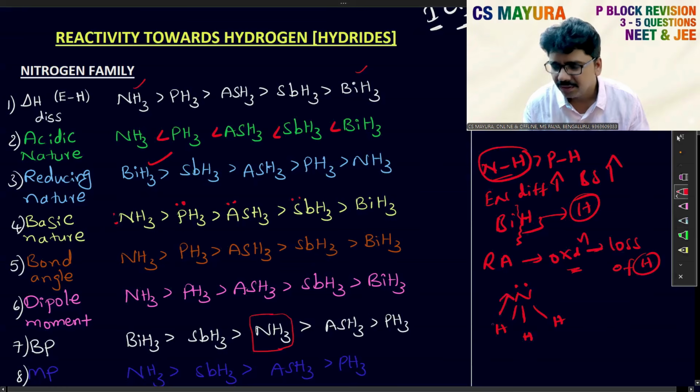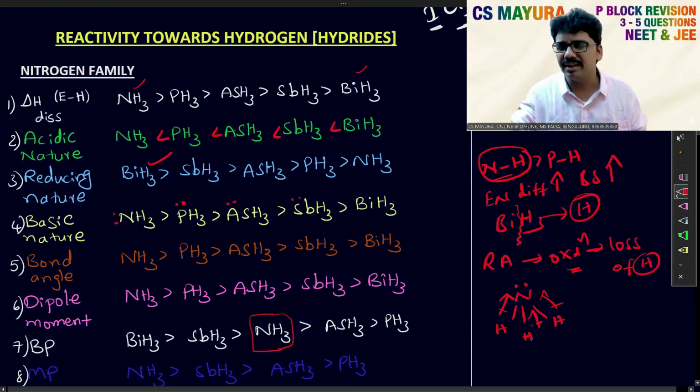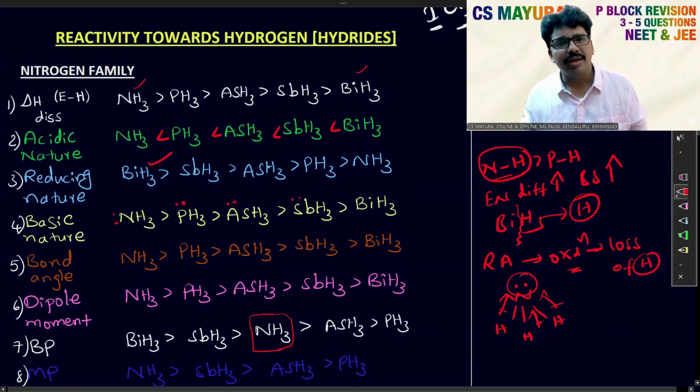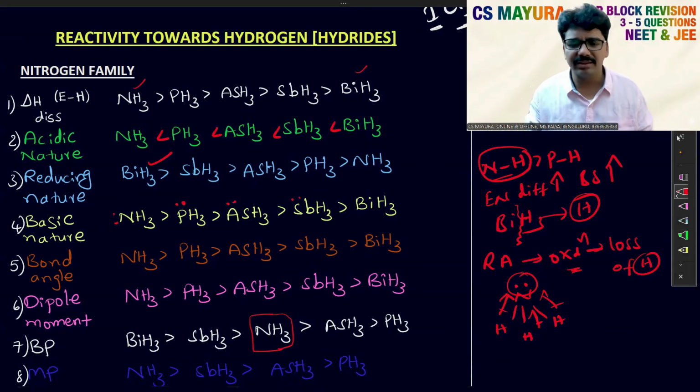This is the bond moment, the dipole moment. From the three nitrogen-hydrogen bonds, the bond moment is towards the nitrogen atom. So nitrogen gets more electron density.